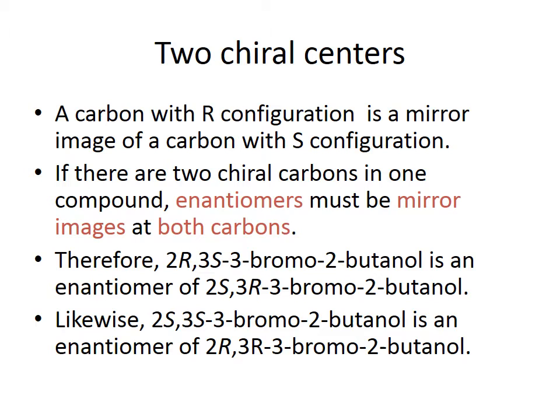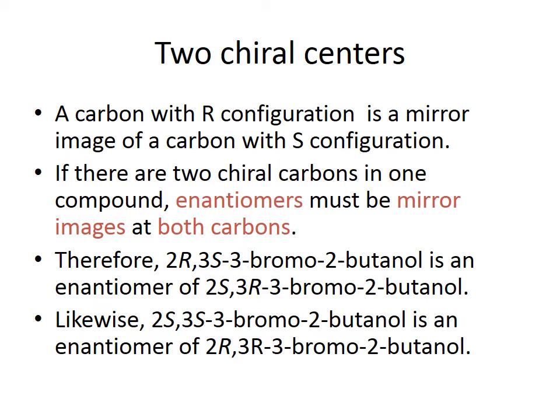I could have, on one compound, R and R. Its enantiomer would be S and S. But there's two more possibilities. I could have R and S on one compound, and the other one could be S and R on the other compound. The two compounds that are RR and SS are enantiomers. And the two compounds that would be SR and RS are enantiomers, because the R and the S are exactly opposite on each carbon.